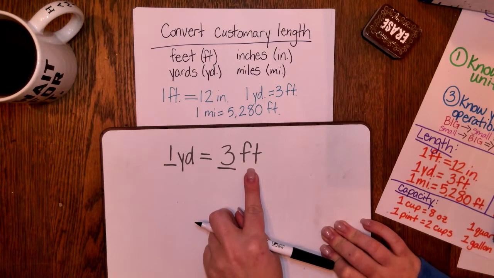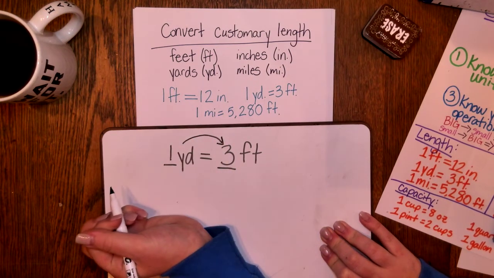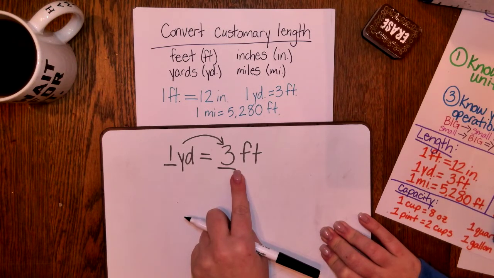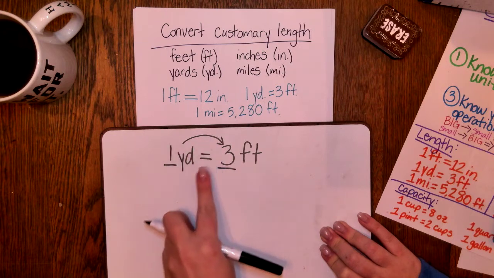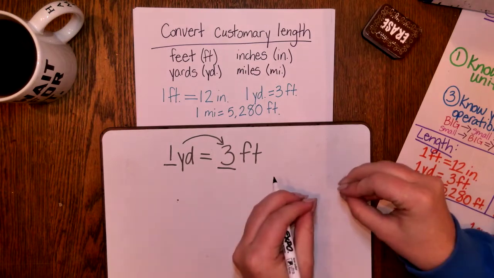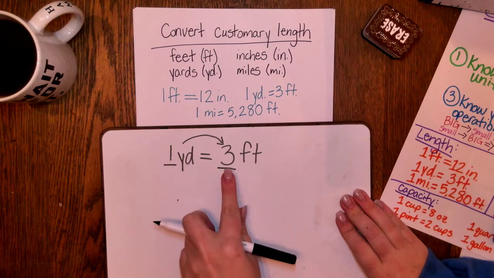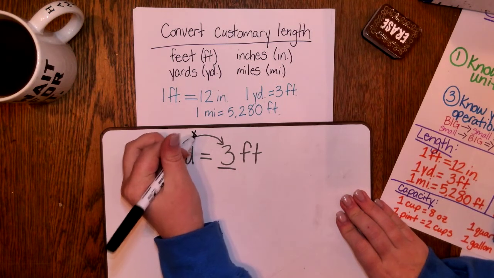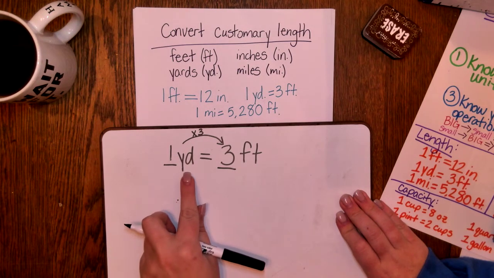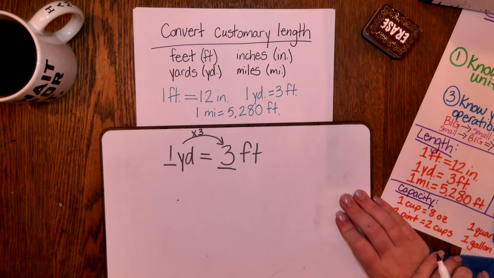I know it's kind of confusing, but that means that when we convert, our number has to be bigger. Because when we take our big yard, we're going to break it into 3 pieces. When we go from 1 to 3, we're going to multiply by 3. So to move from yards to feet, we multiply by 3.